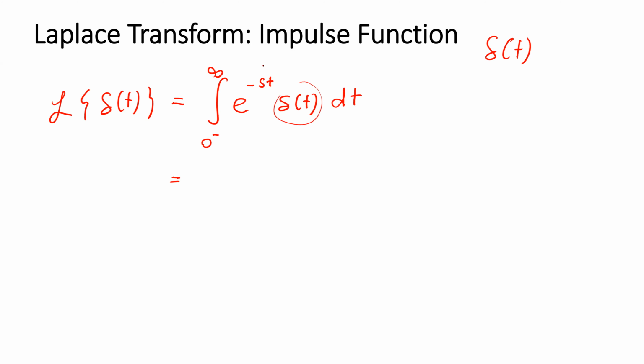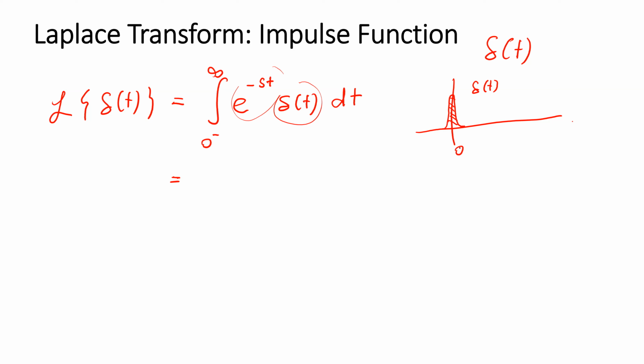Is this difficult to do? Maybe we are still lucky. The value of the delta function is going to be 0 except when the time equals 0.